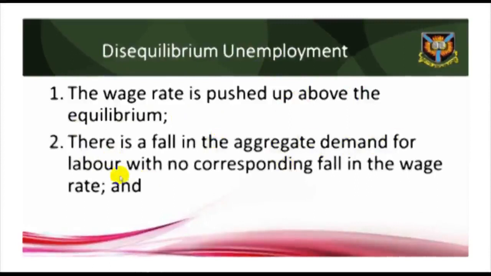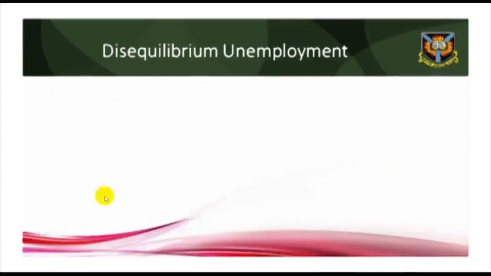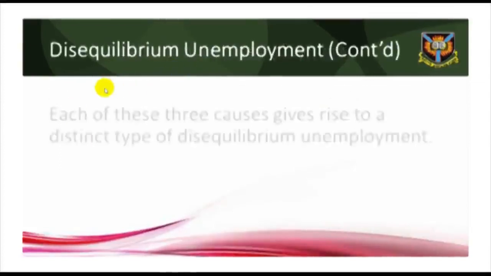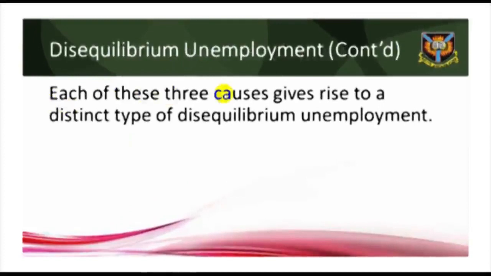There's a fall in aggregate demand for labor with no corresponding fall in the wage rate. And 3. There is an increase in the aggregate supply of labor with no corresponding fall in the wage rate. Each of these 3 causes gives rise to a distinct type of disequilibrium unemployment.